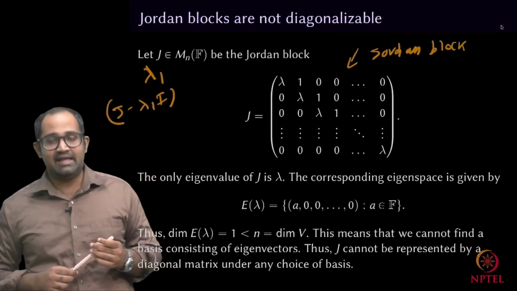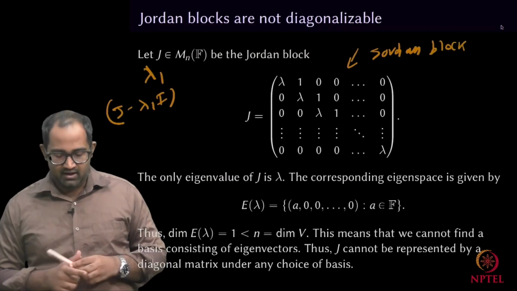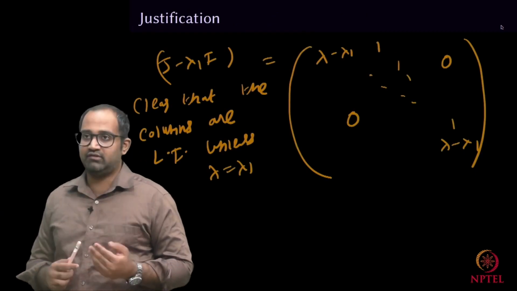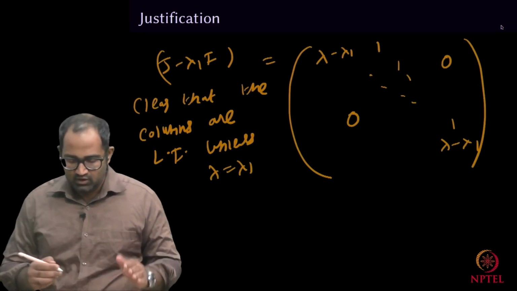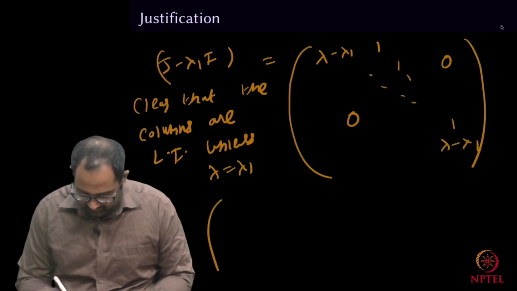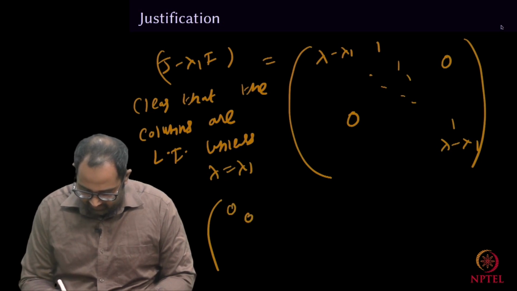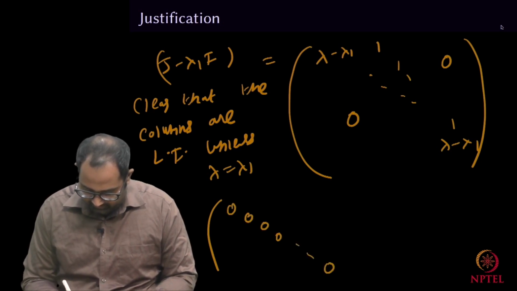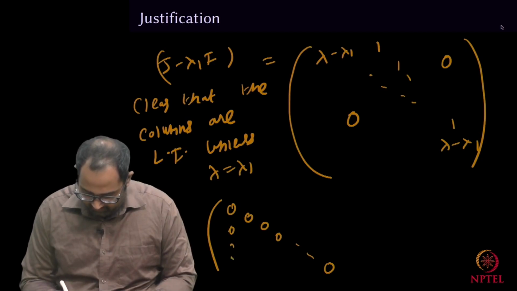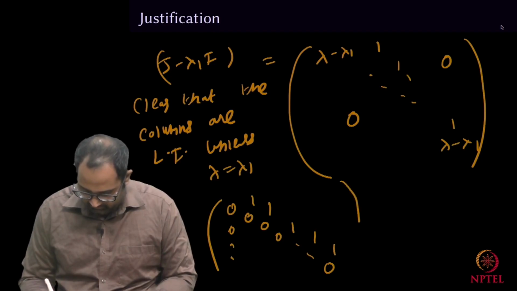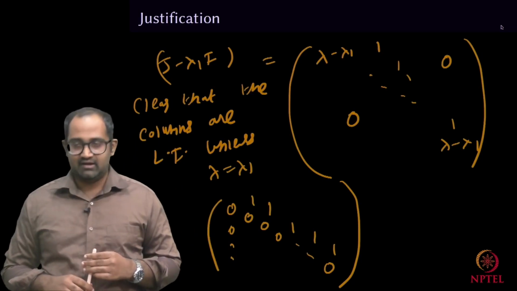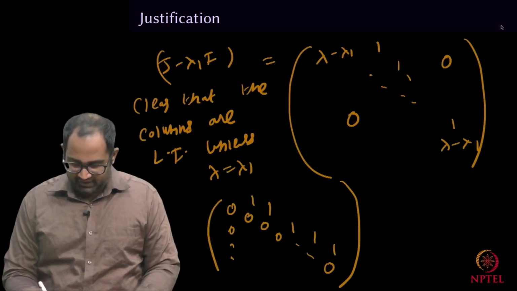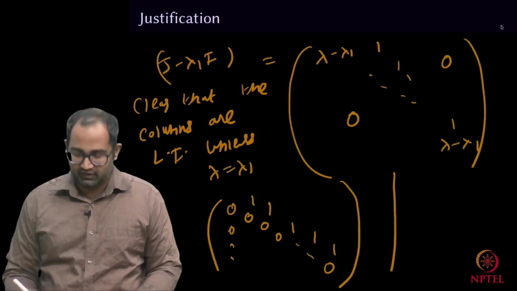Now what is the eigenspace corresponding to this? Well, when you do this lambda minus lambda 1 and set lambda 1 equal to lambda, which is the eigenvalue, the matrix you get is zeros everywhere, and you have a bunch of ones. Now if you think about it, this is nothing but a 0 vector in the first column.